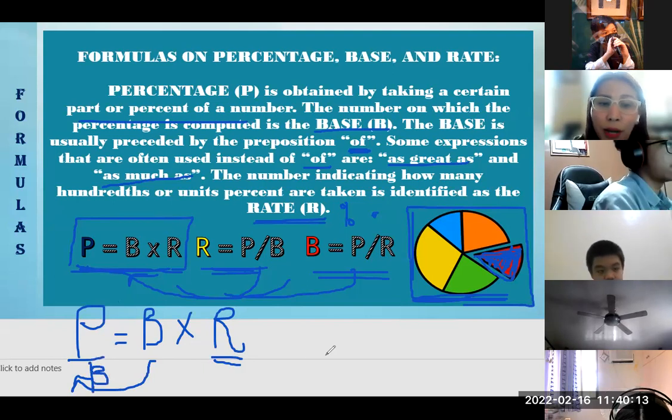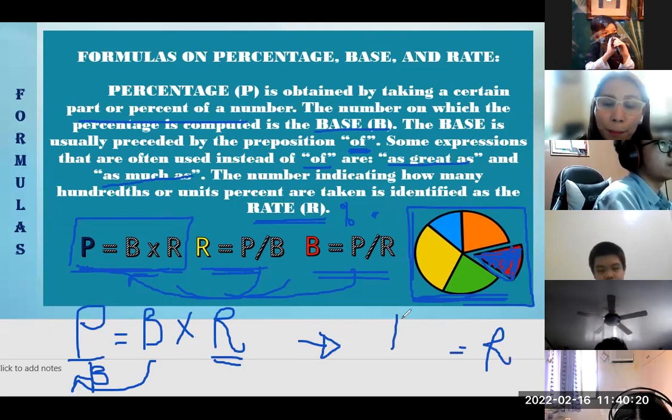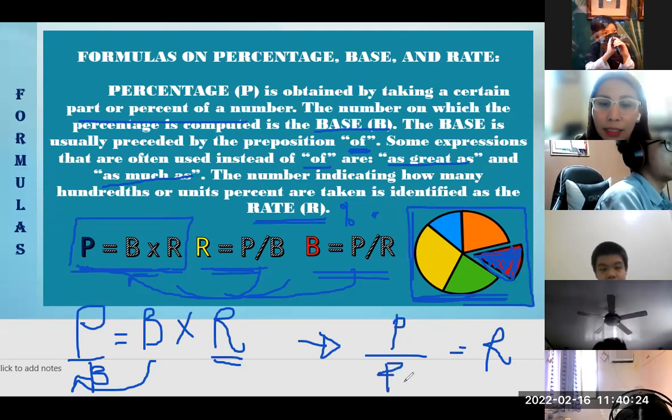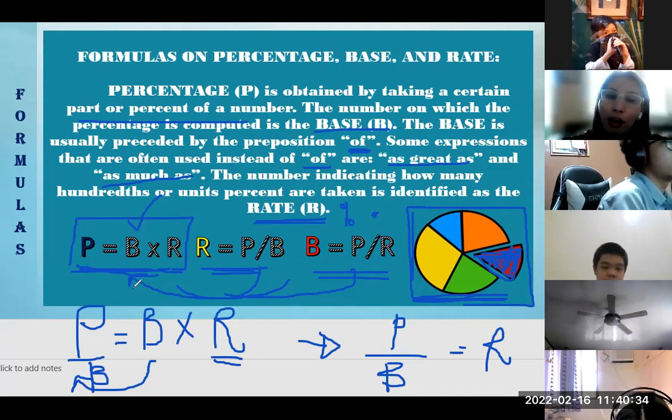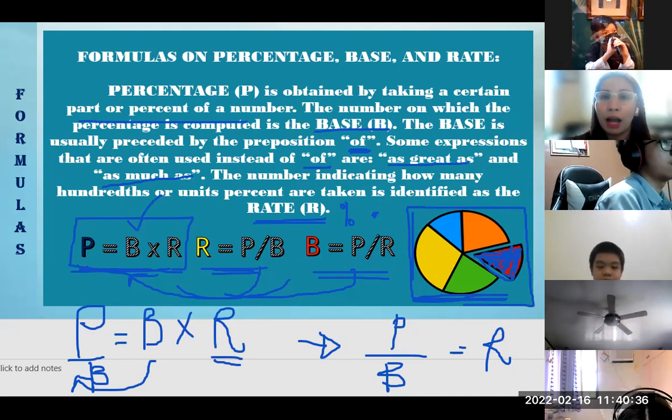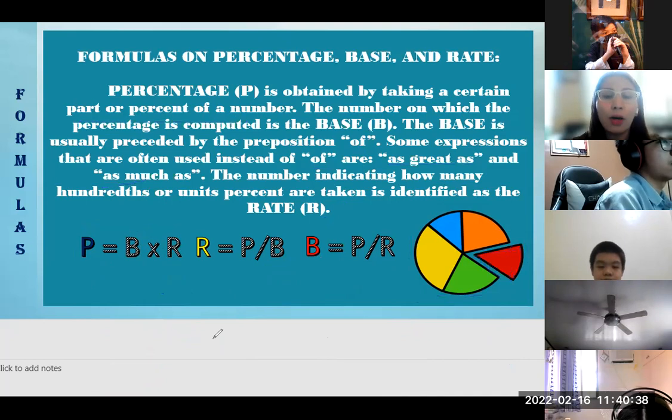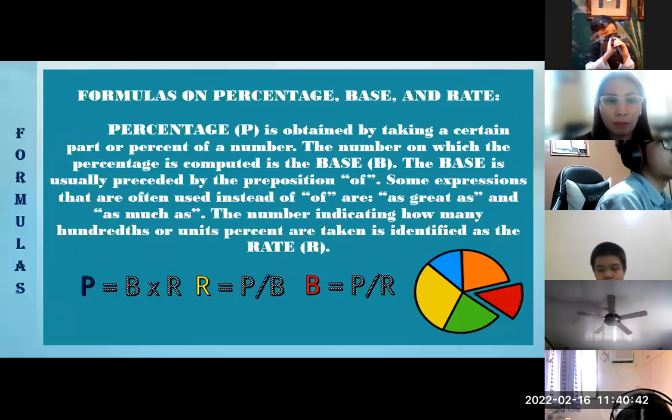So, meron na tayong new formula na rate equals percentage divided by the base. Yan lang po. So, kahit ito lang yung memorize nyo, it's okay. Kasi these two formulas here came from this one formula, P equals BR.